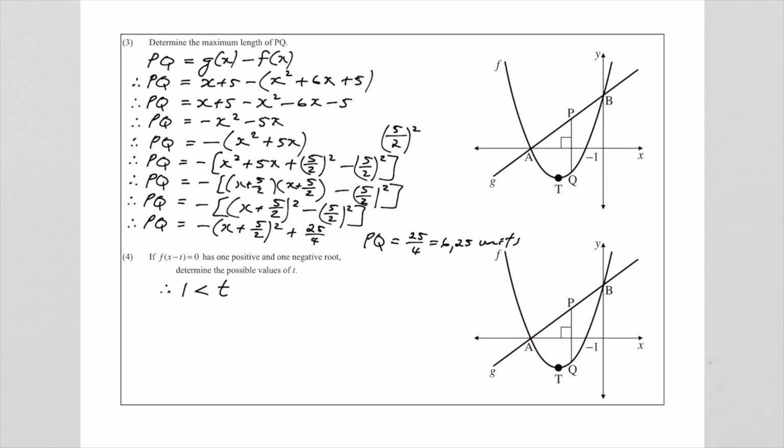You will remember we calculated this x-intercept earlier as -5. So if we move this more than 5 units, then this x-intercept is also positive. We want to move it more than 1, but less than 5. So that means t is less than 5, and that will be our solution for t.